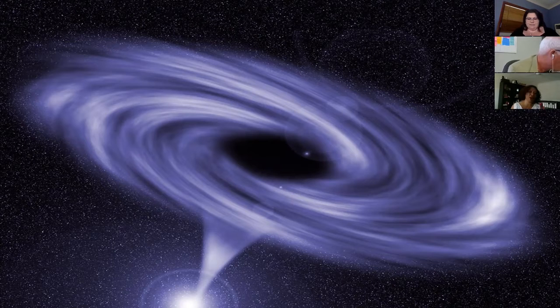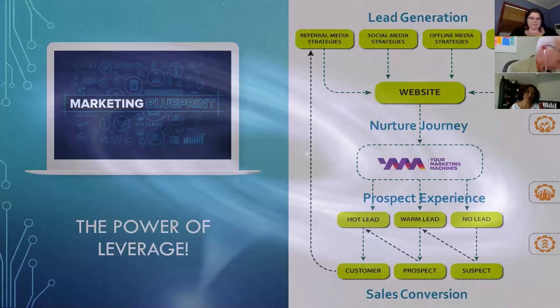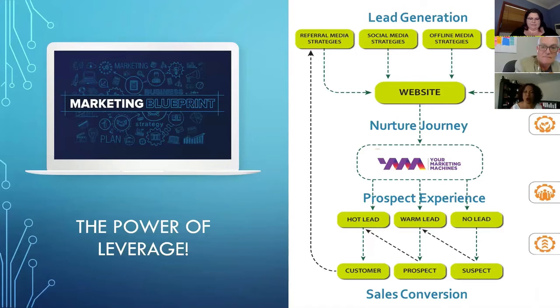But however, what I want to do is move us away from the black hole, and I want to introduce you to something that's actually quite simple, and it's called the marketing blueprint. And the marketing blueprint is primarily based upon the power of leveraging what you already have at your hand. So team, I now want you to be moving more towards assets and liabilities.